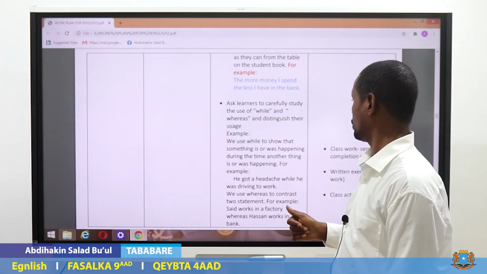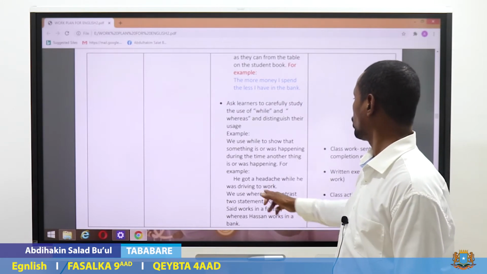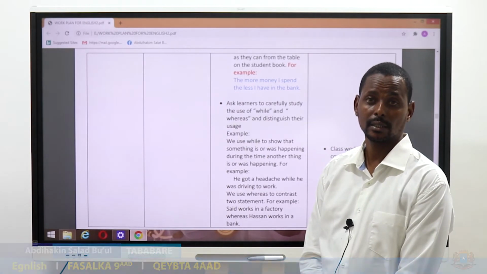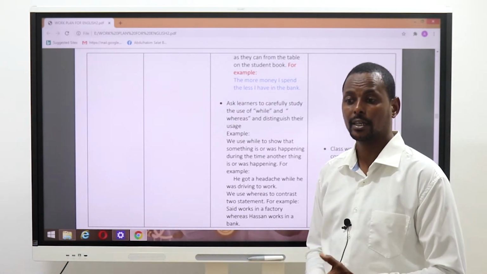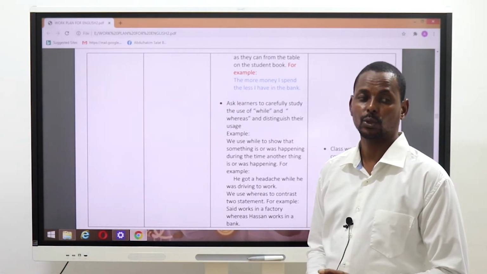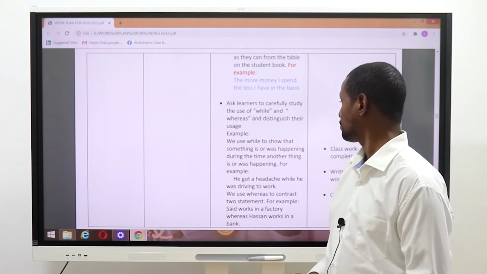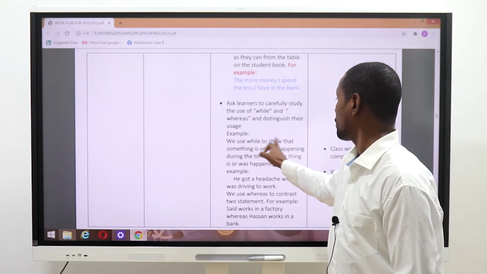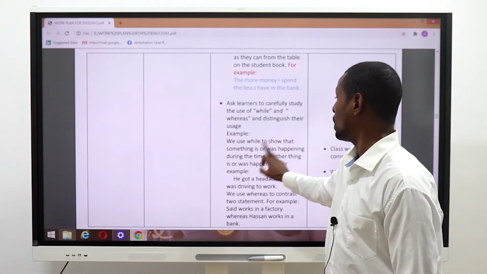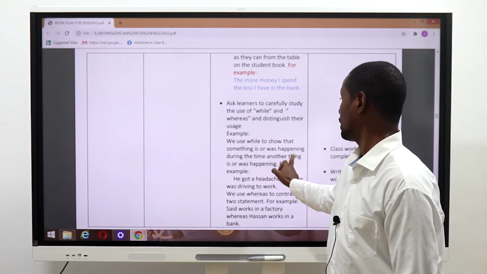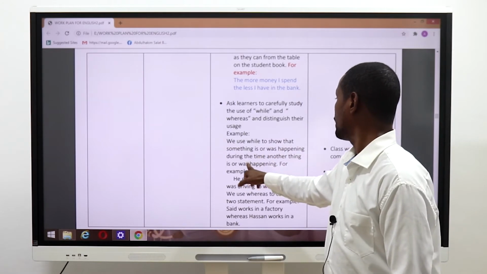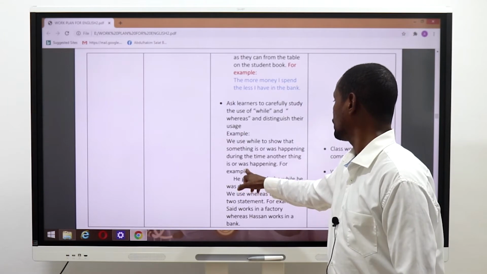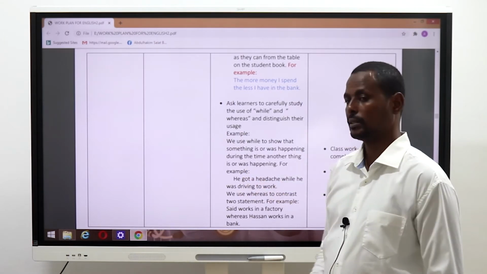For example, he got a headache while he was driving to work. So you can see one thing was happening while another thing was happening at the same time. What was happening here? Somebody was going to work.